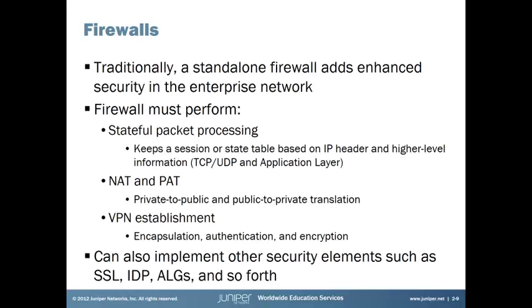VPNs are also typically a firewall functionality, where we put in encryption and authentication to set up a secure private network between this particular site and another site within our organisation through the public internet.